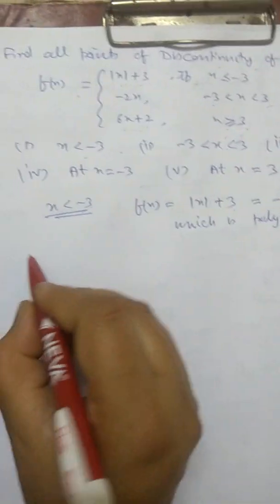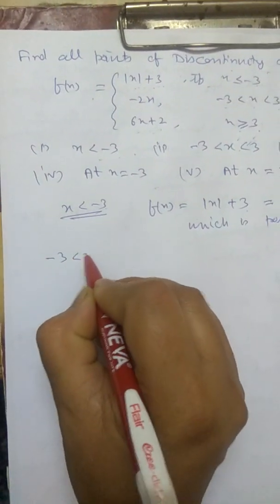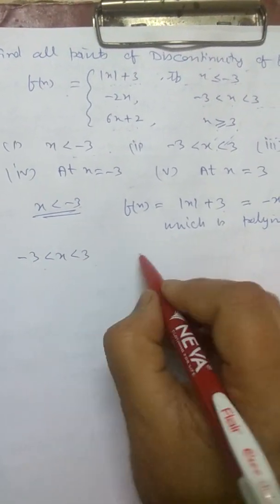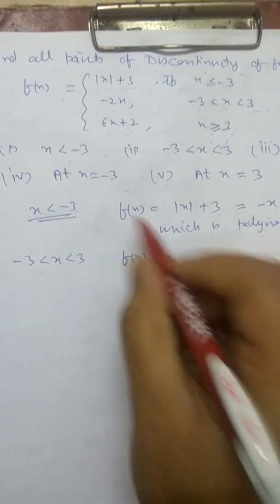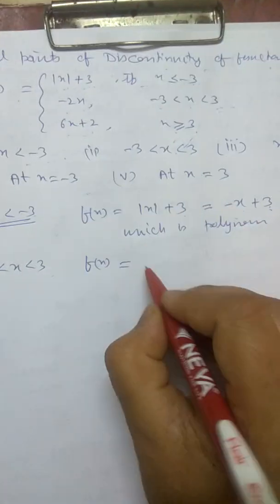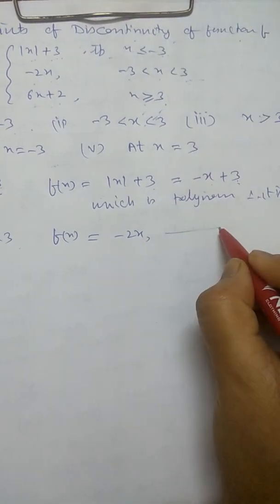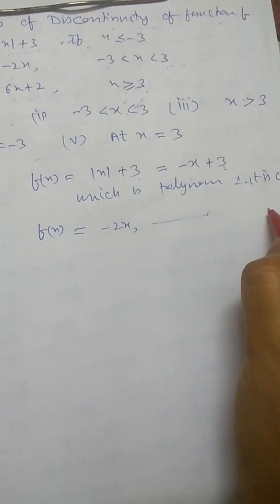And in the second case, minus 3 is less than x is less than 3. In this case, f(x) is equal to minus 2x, which is again polynomial, therefore it is continuous.